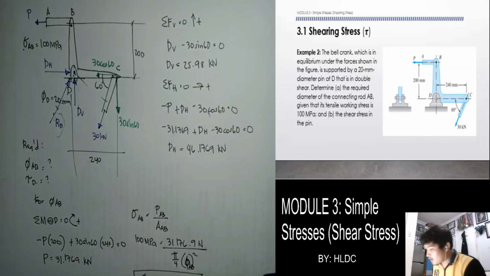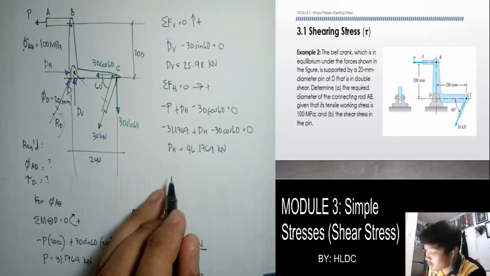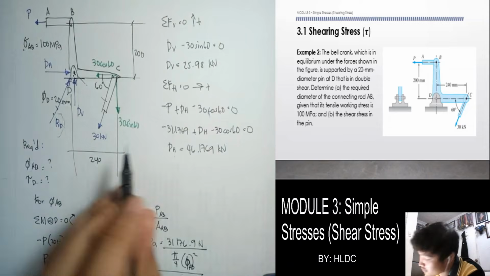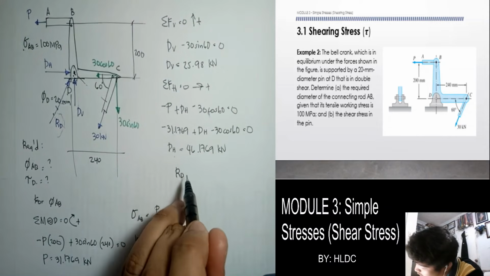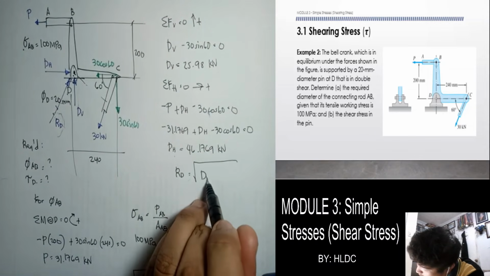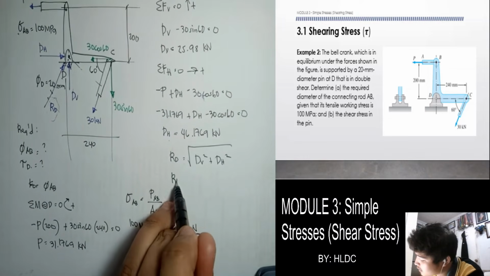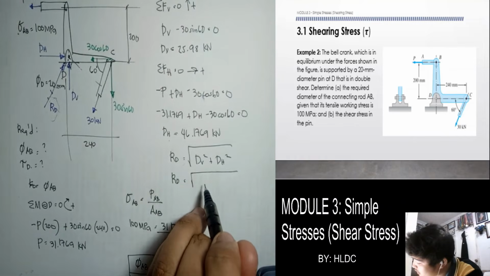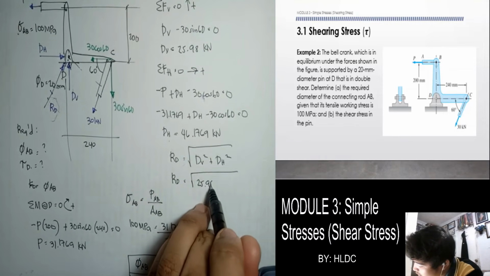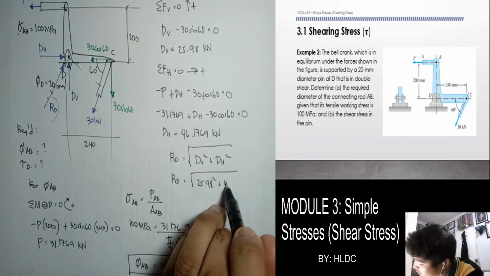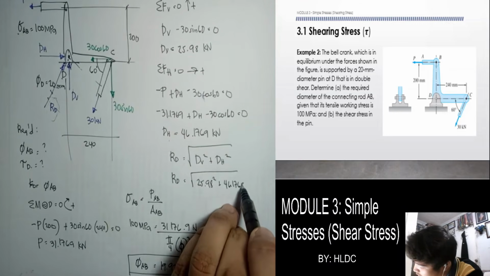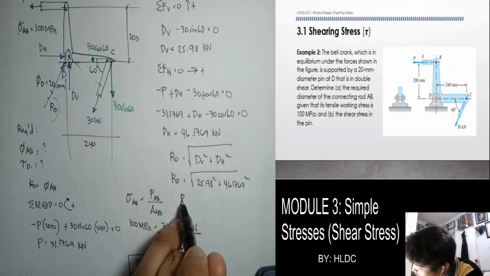Okay, so meron na akong DB saka DH, so kaya ko nang solve yung reaction, yung resultant. So that RD equals the square root of DB squared plus DH squared. So that RD equals 25.98 squared plus 46.1769 squared.